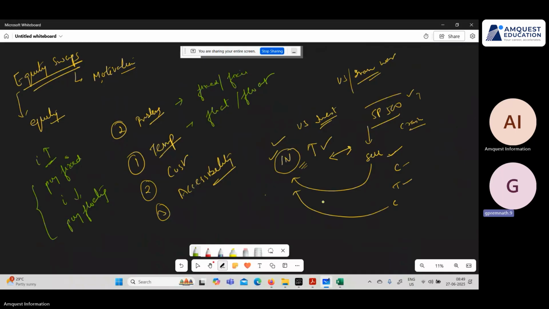What is an example of float to float? Again, this is the example of float to float. We don't know the returns. How much my Nifty would give me in return, how much my S&P will give me in return, I don't know that. And fixed to fixed? Fixed to fixed could be dividends? No, dividends are not fixed.